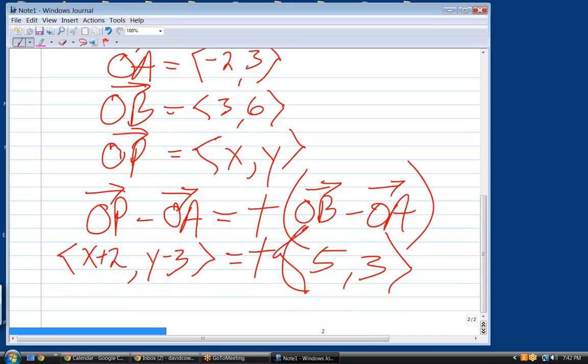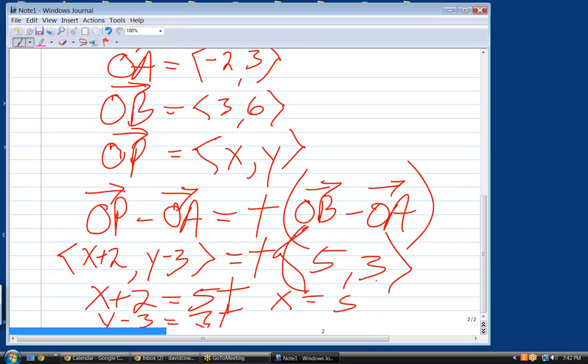All right, it follows that x plus 2 must be equal to 5t, and y minus 3 must be equal to 3t. And there's your parametrization. In other words, x is equal to 5t minus 2, and y is equal to 3t plus 3.